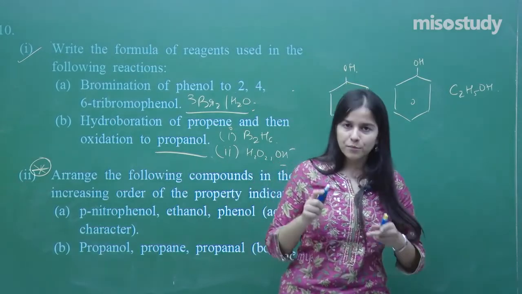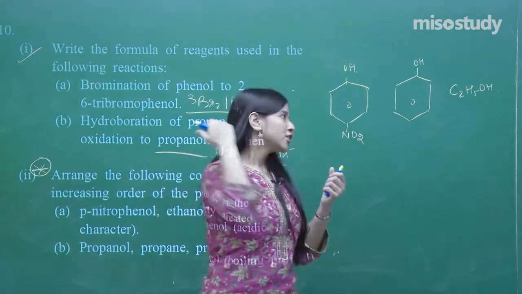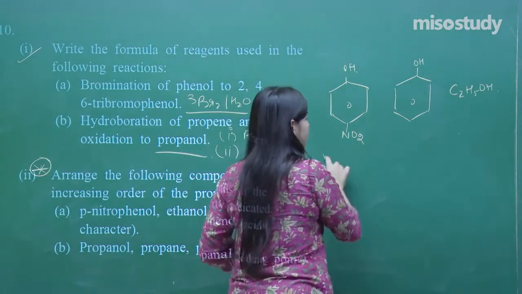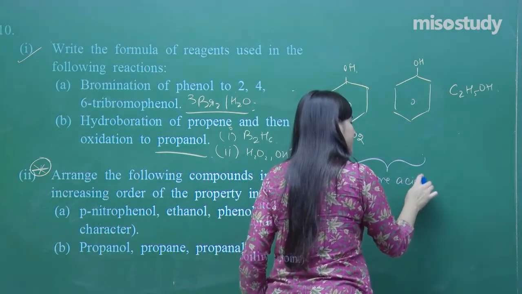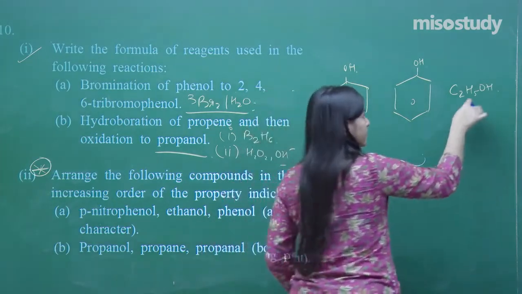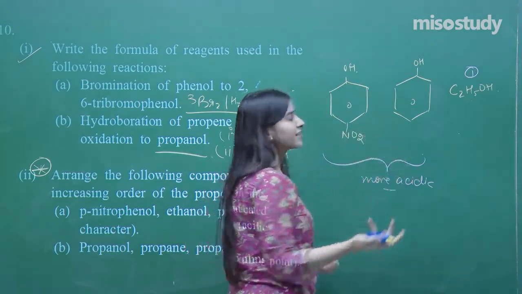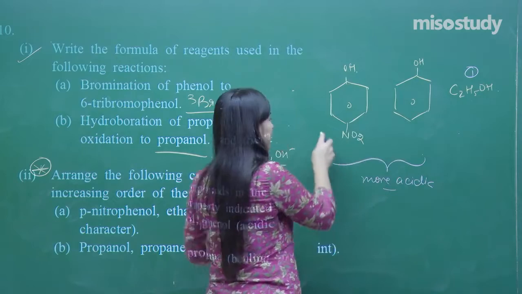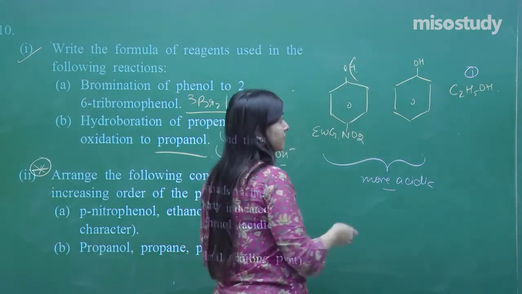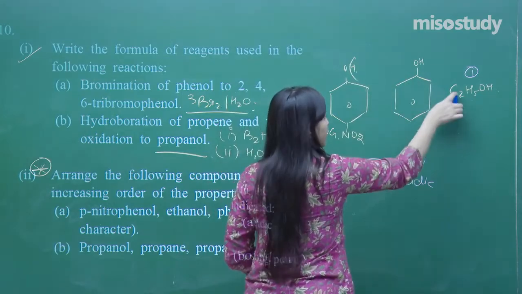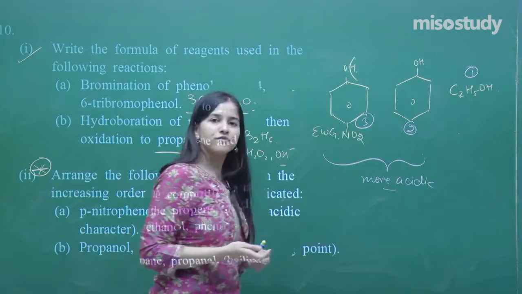First of all, formation of phenoxide ion will be the more acidic thing, right? So, out of aliphatic and aromatic, aromatics are more acidic, right? That means the least acidic will be ethanol first, right? Next, out of the 2, we already have discussed this. The one having the electron withdrawing group will release this H plus more quickly, and this will not. So, first, second, and highly acidic will be the para-nitrophenol. Clear?